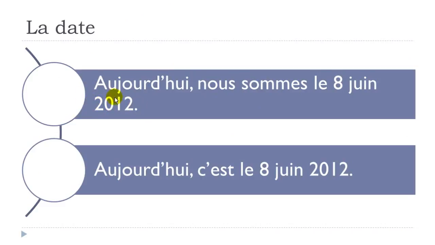Forget the 2012, don't be afraid, we'll see that a bit later with the numbers. Aujourd'hui, today, nous sommes, we are, le, you put the definite article, and then you put the date: you start with the number, the month, and then the year.